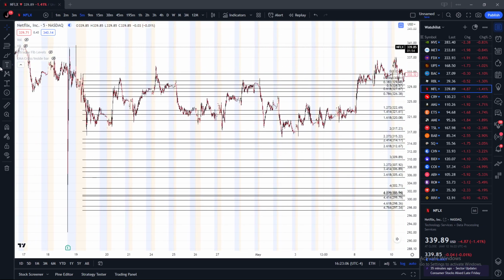In this example, we have a high volume node here on Netflix, 322 to 320, and then 315 to 312. So already we can identify that volume. When we see this retracement, boom, we have a 2. A 2 isn't strong, but it's not weak either, because it's above your golden areas.